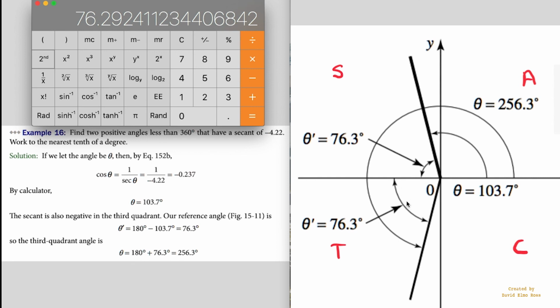So to find that, we're going to have to add 180 plus 76.3. So let's just add 180, and we get our other angle, which is 256.3, as we can see here, 256.3 degrees. So those are our two angles that have a negative secant.